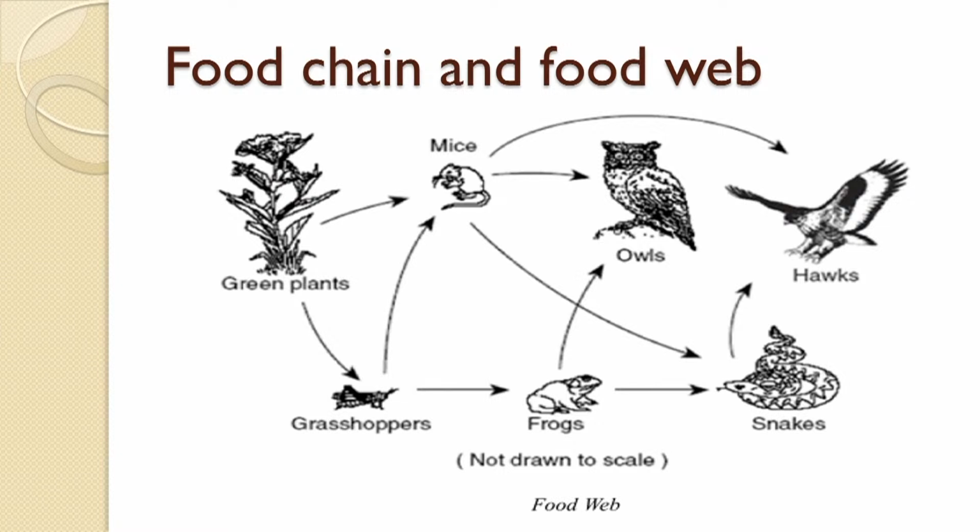So here you can see that the various animals can be eaten by other animals. This complex network is called a food web. The food web is the integration of various types of food chains.